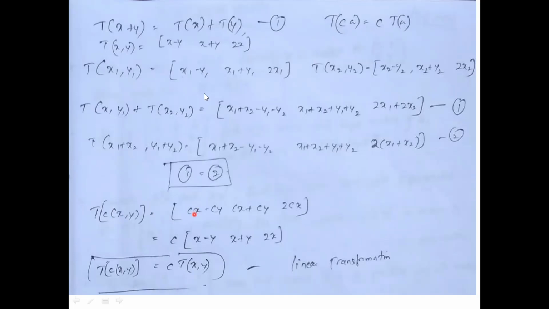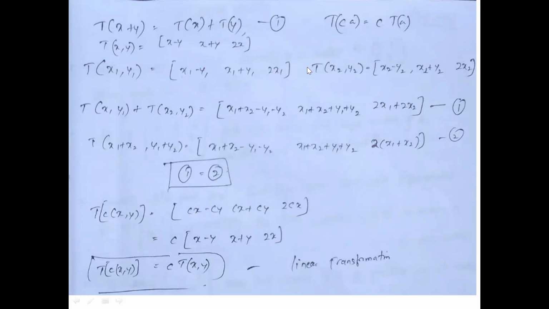What's going to happen? x minus y gets scaled by C, this also gets scaled by C, this also gets scaled by C, and both of them work nicely. So the first equation matches with the second equation. Here also the first equation matches with the second equation. The transformation is linear.